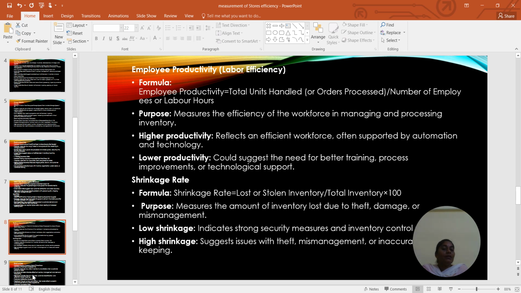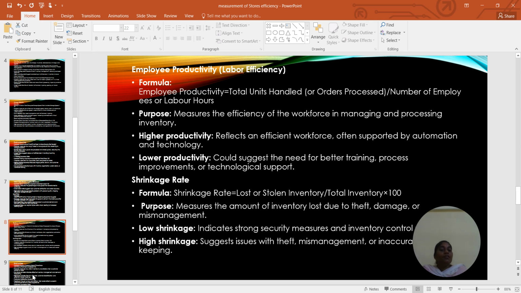Lower productivity could suggest the need for better staff training, process improvements, or technological support. It is calculated as total units handled or orders processed divided by the number of employees or labor hours, times 100.